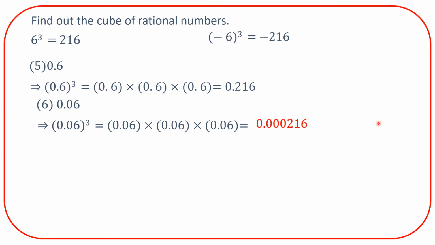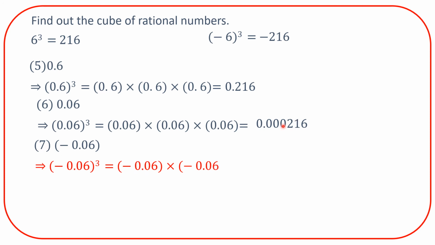We take another example, minus 0.06. Minus 0.06 bracket cube is equal to, only here the sign is changed. The answer is the same but the sign will be changed. Therefore, is the answer the same?